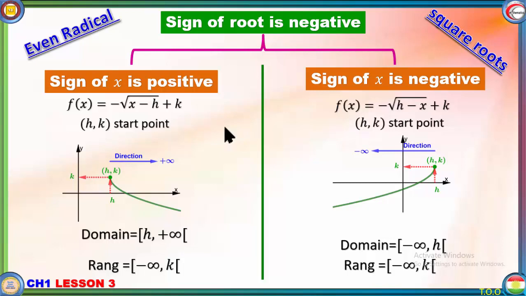And if the sign of x is positive, then the domain starts from the start point to positive infinity, or from h to positive infinity. But if the sign of the square root is positive, therefore the range begins from k to positive infinity.